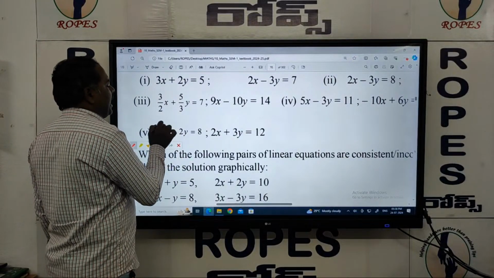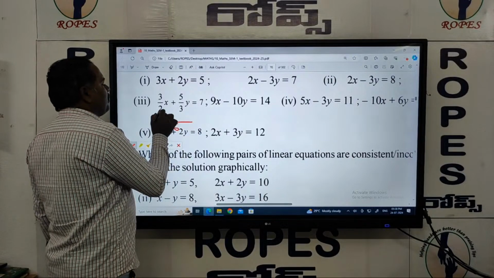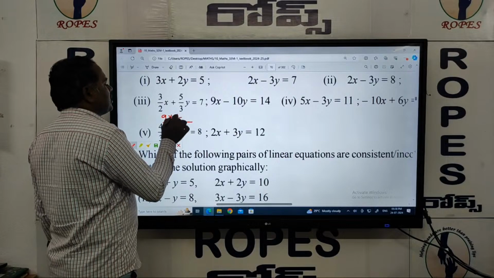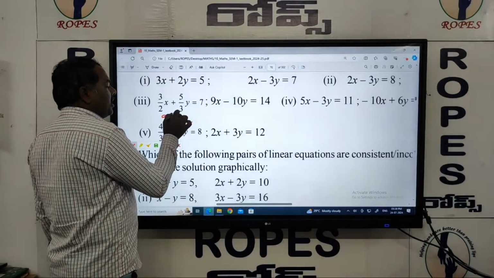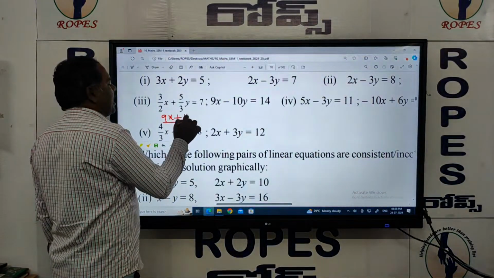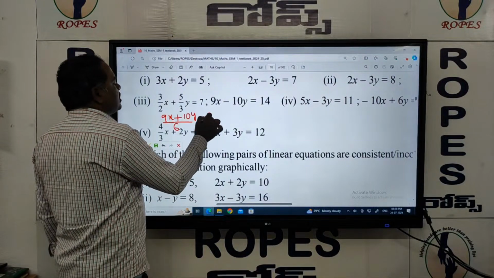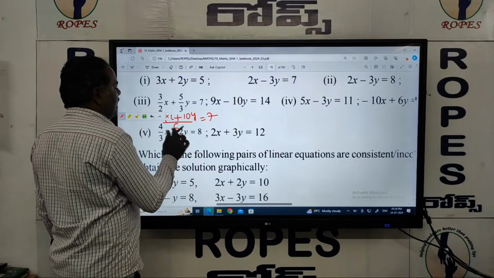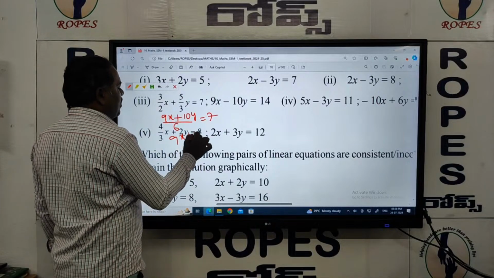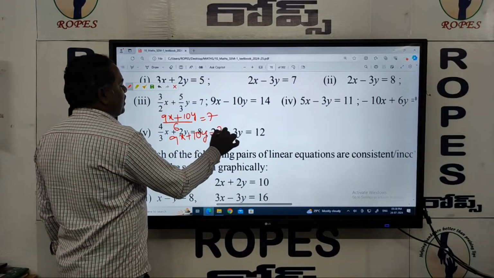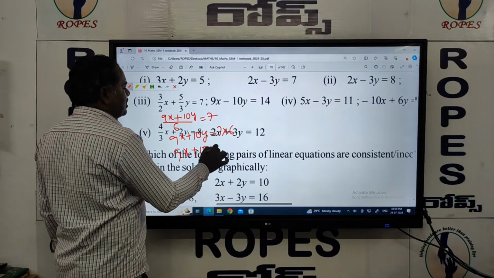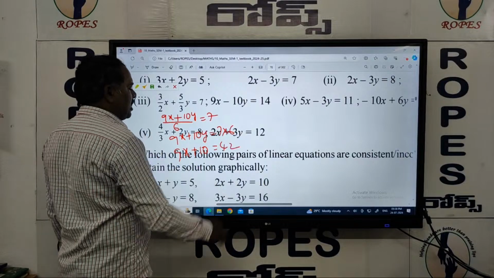Here 2 and 3, so 6 is the LCM. 2 3s are 6, 3 3s are 9x plus 3 2s are 6, 5 2s are 10, 10y is equal to 7 into 6. Now 9x plus 10y is equal to 42 we can write.